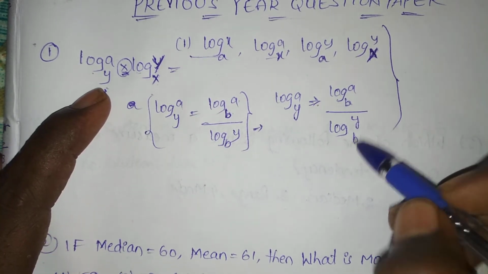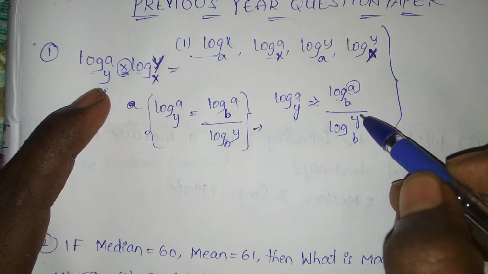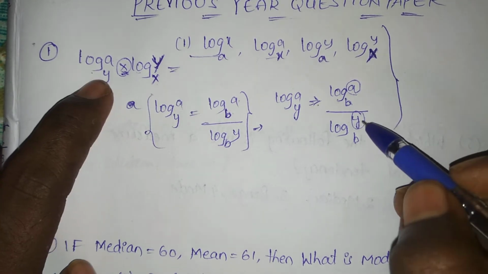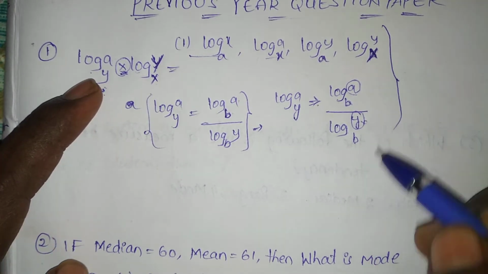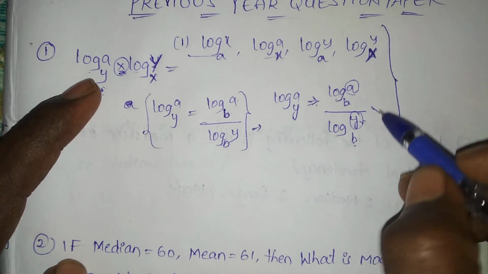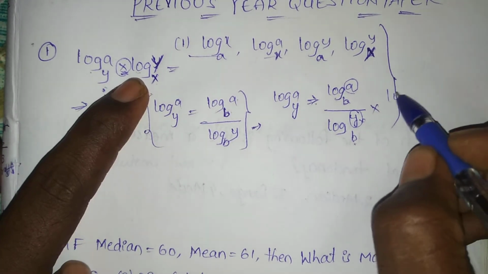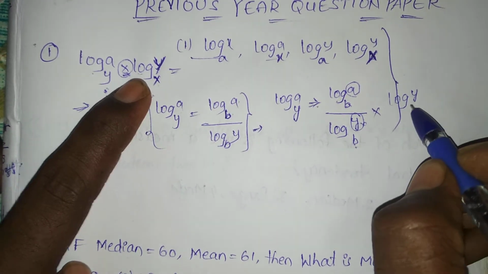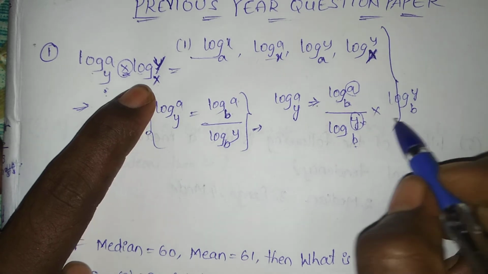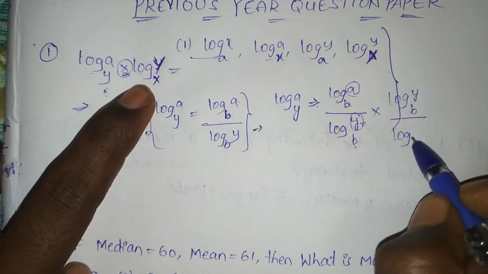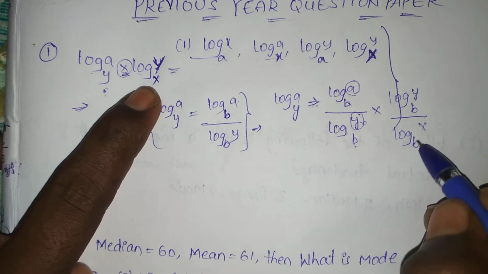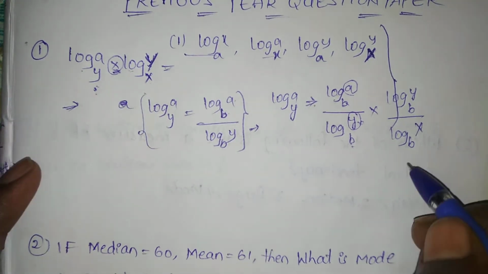The bases should be equal, and the base comes in the lower part. It is multiplied with log y to the base b and log x to the base b.